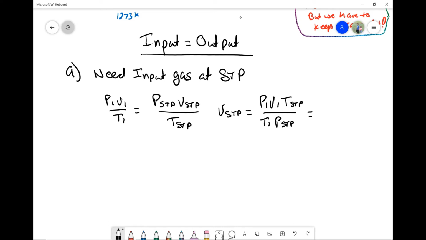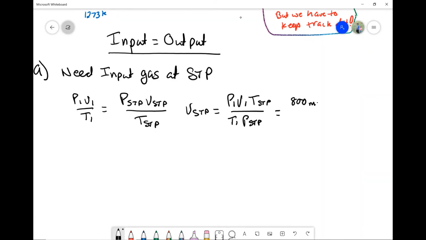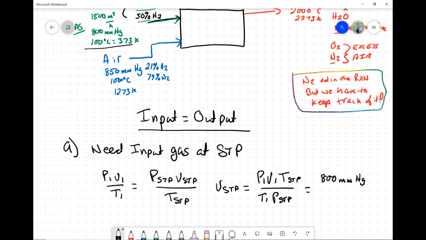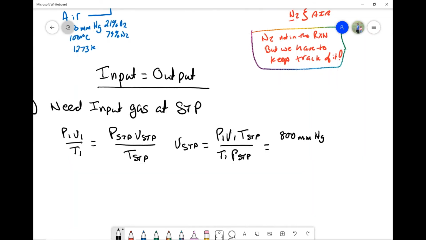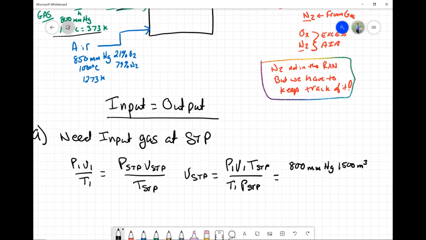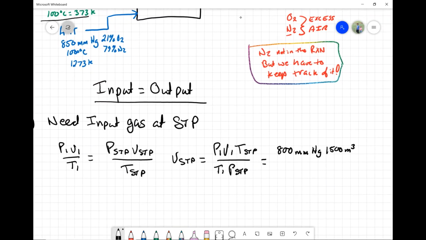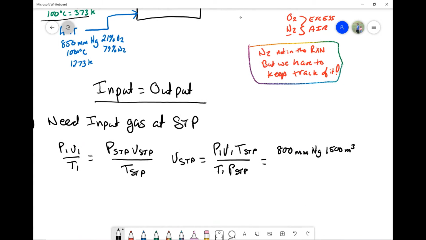So this is equal to 800 millimeters of mercury. Our V1 was 1500 cubic meters. Our T_STP is, oh wait, I made a mistake, it's not 760, it's 273 Kelvin.